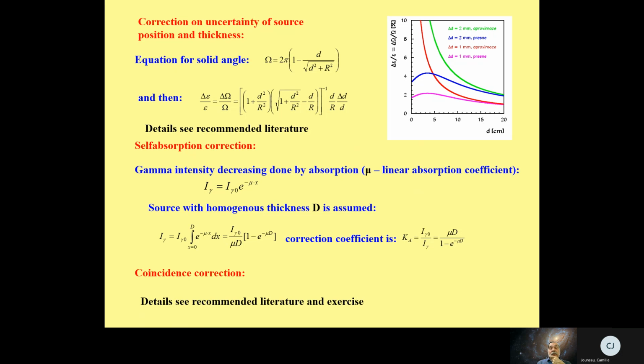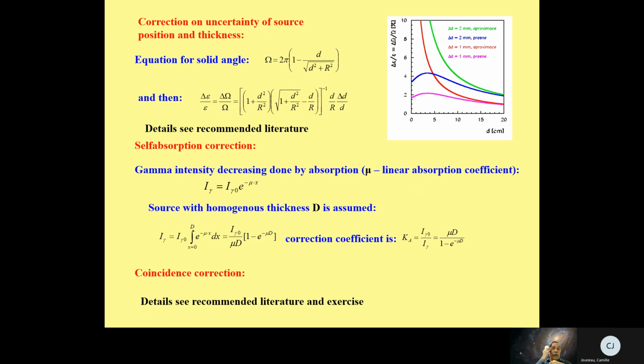One correction is given by this, because in any case, if you have a detector, your source is usually not a point-like source.